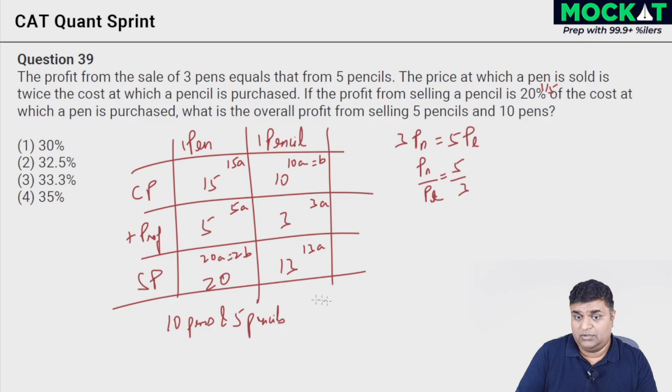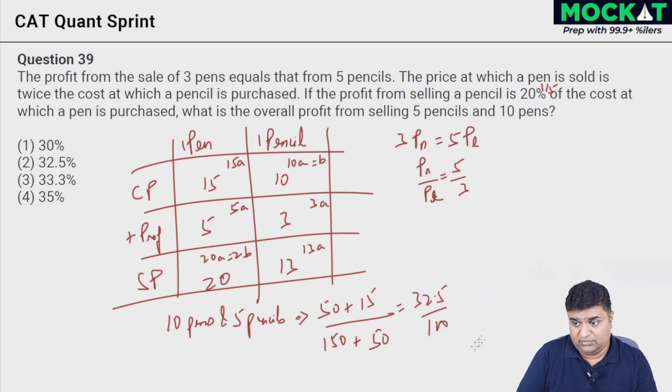What's the profit percentage going to be? 10 5s are 50 plus 5 3s are 15 divided by cost price. 10 into 15 is 150 plus 5 into 10 over here is 50. 65 by 200 is 32.5 by 100. What is this in percentage terms? Multiply with 100% and you get 32.5%, option 2.